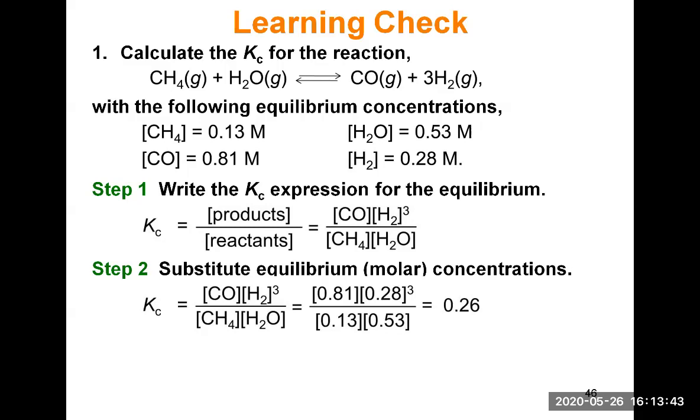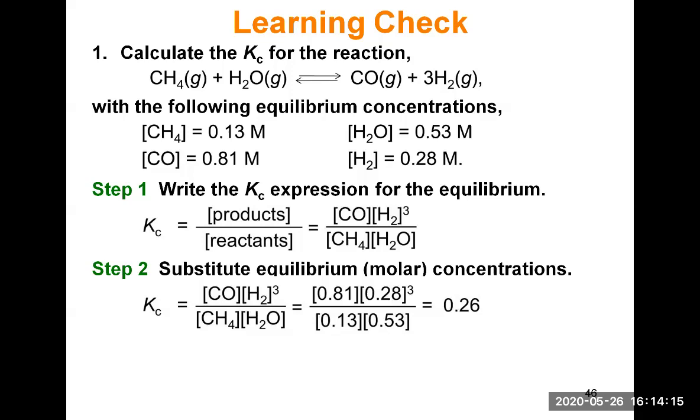So let's enter this in the calculator, and here you have to be careful how you use your calculator. Listen carefully. It's 0.81 times 0.28. You can use the caret key, the hat key, next to the x-1 key and above the x squared key if you use the TI-30X IIS calculator.